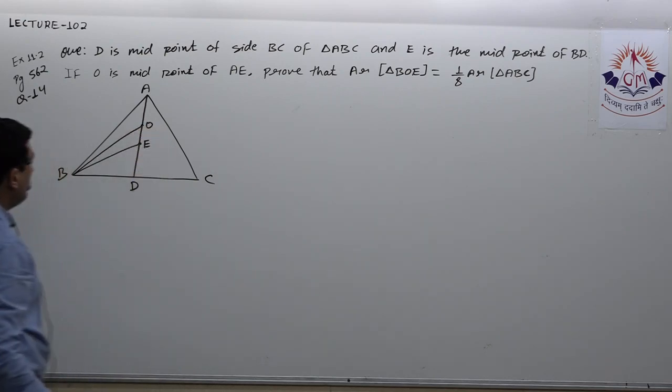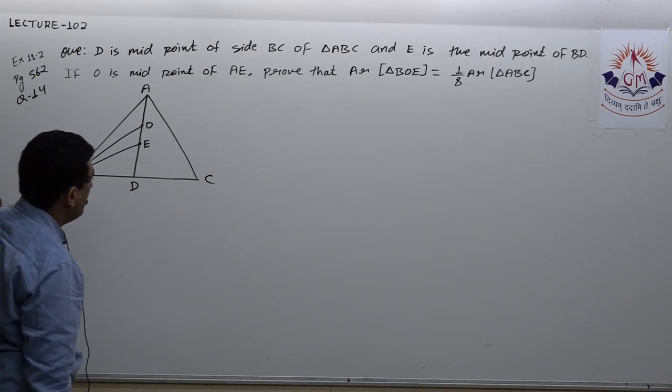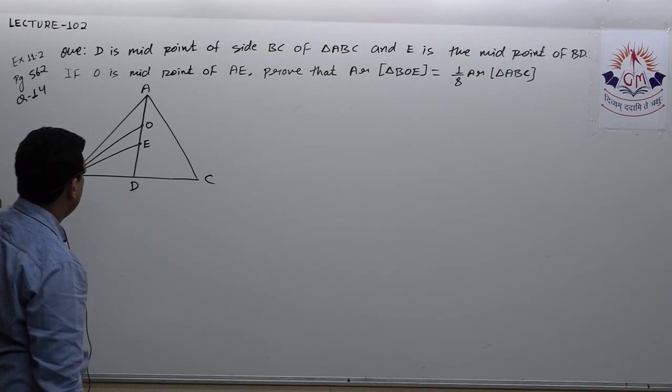So you have to prove that area of triangle BOE is equal to area of triangle ABC by 8.